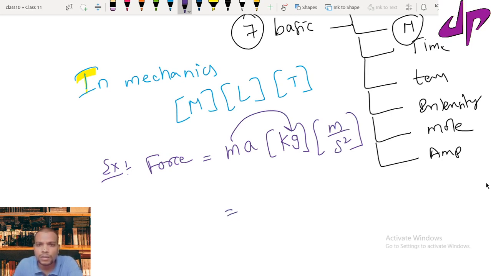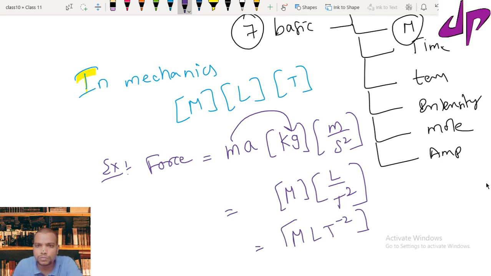Now the kg we can represent in terms of capital M, that is the basic unit, meter in terms of length L, also a basic unit, and time in terms of T. So if we rewrite, M L T inverse 2 is the dimensions of force.